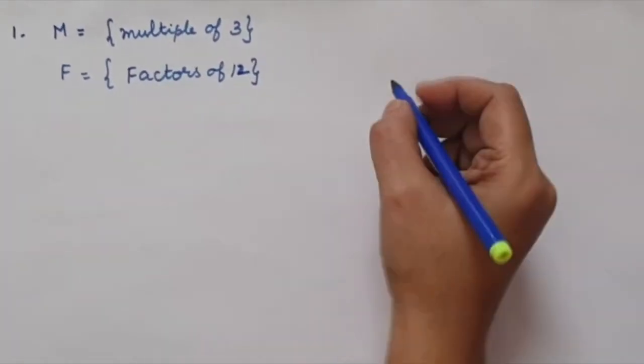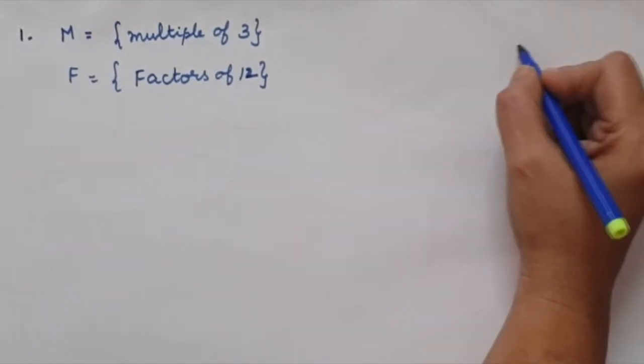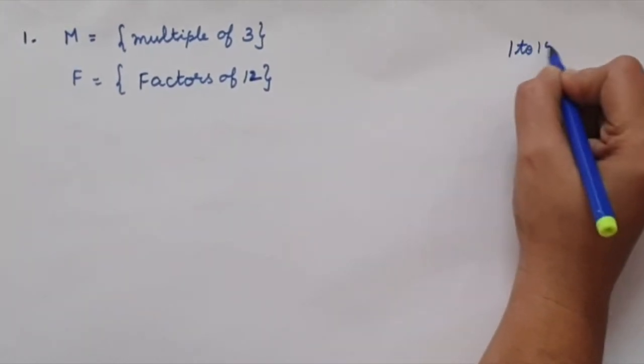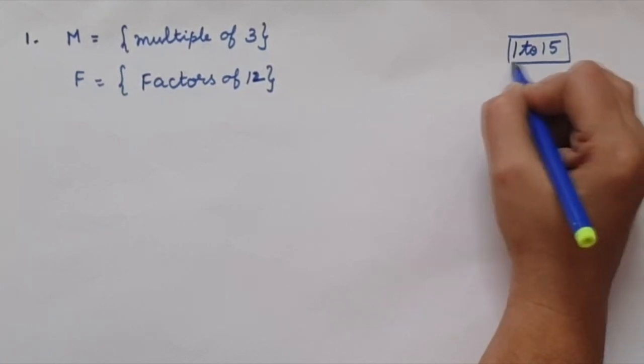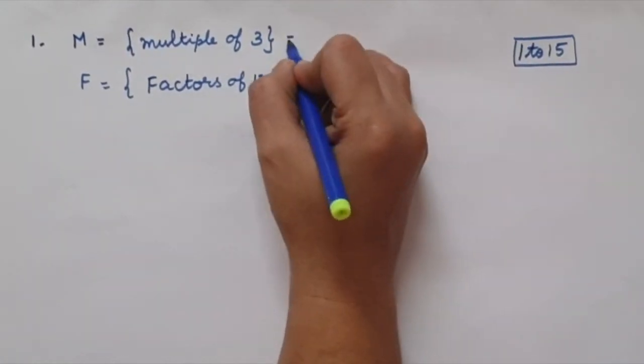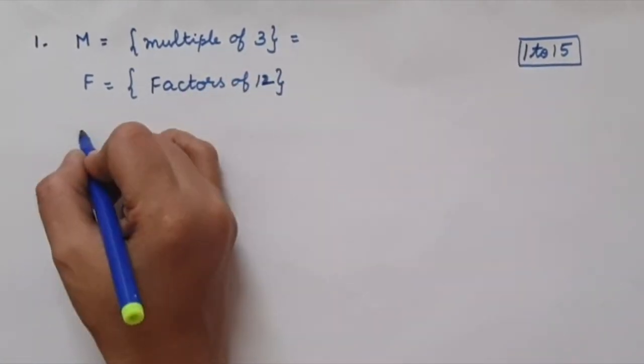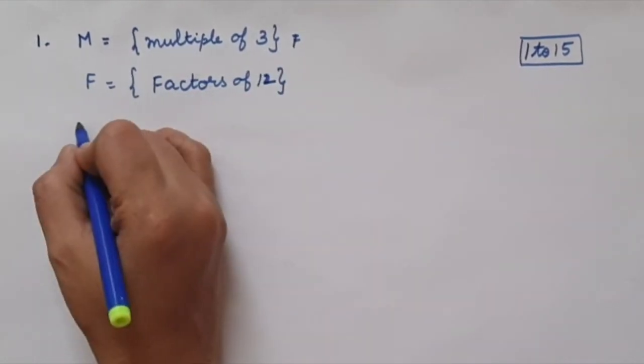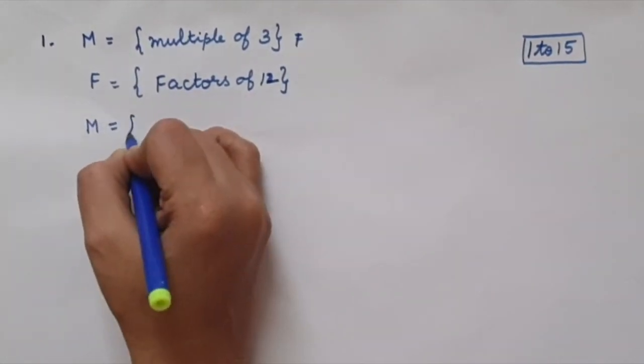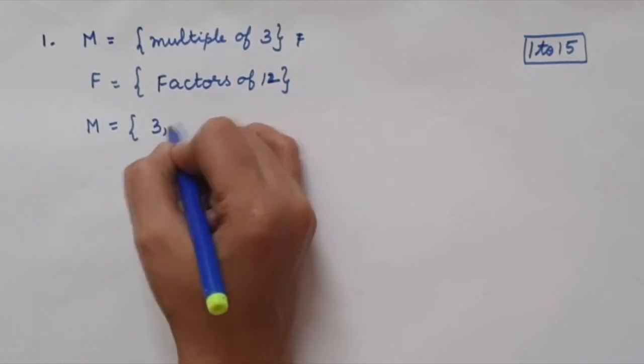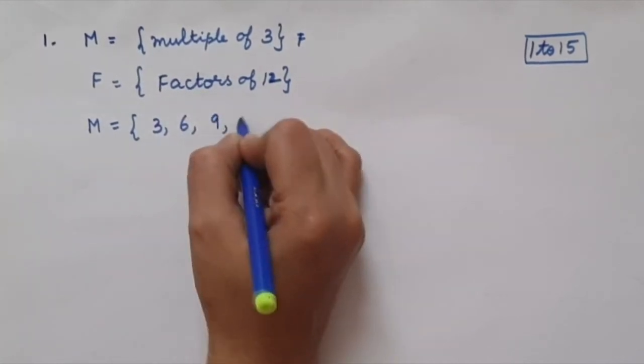We are given numbers from 1 to 15. So if you take the multiples of 3, they are 3, 6, 9, 12 and 15.